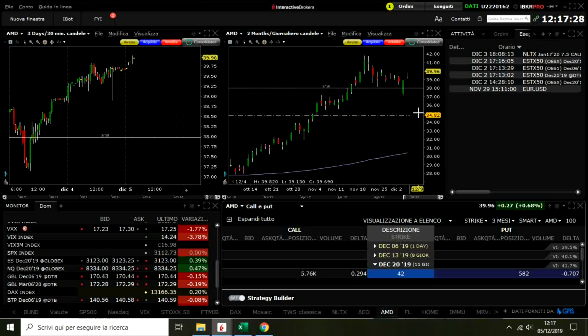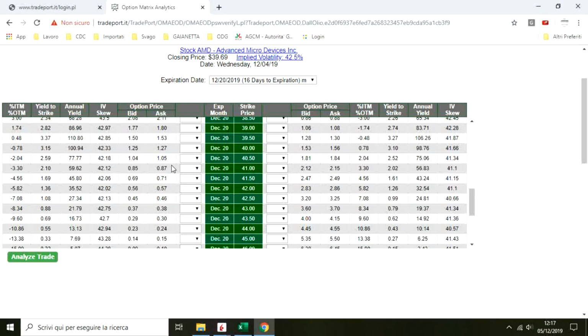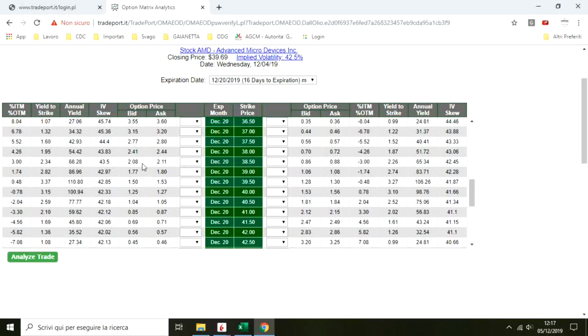So what can you expect from a call 38? Just to say, you will pay more, no doubt, but you will reach again much closer. And then if you're right about your expectation, the gain will be higher. So let's see it. The call 38, just to say, is 2.44 ask, 2.41 bid.